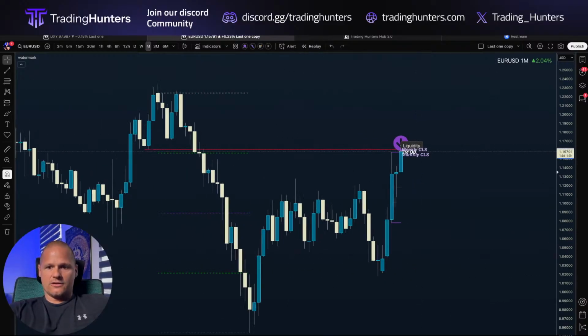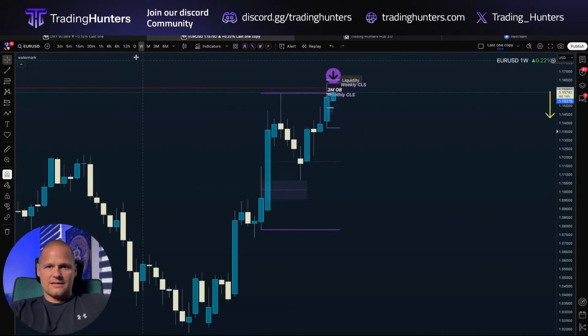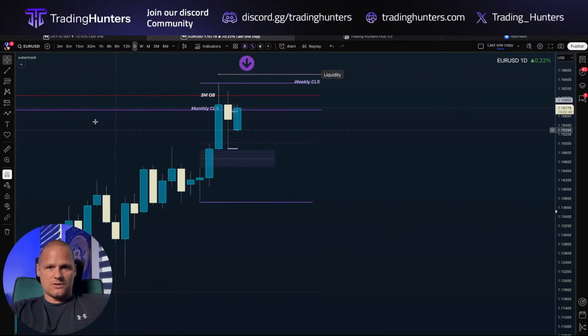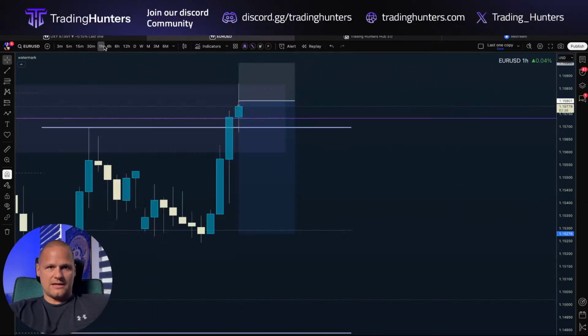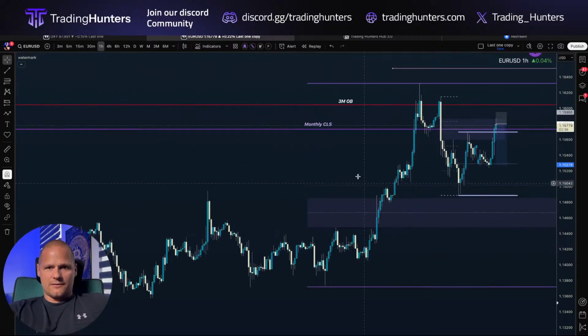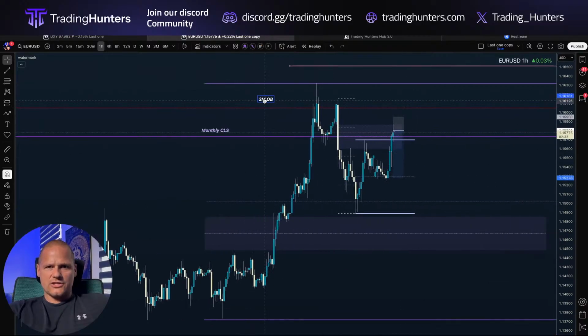Again, not saying that the euro is ready for something like this, but on the higher time frame it would look like just some small pullback. But if we go lower, it will start to make a little bit more sense to trade something in there. So right now we are here, getting a reaction from this 3 months order block.